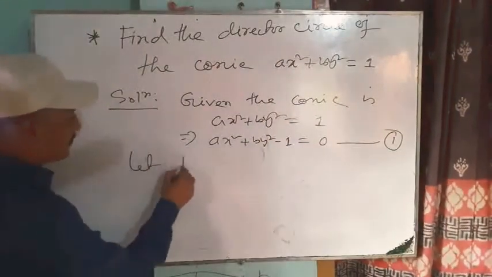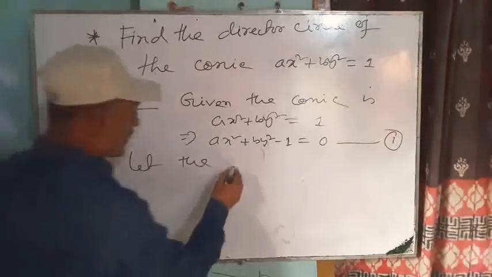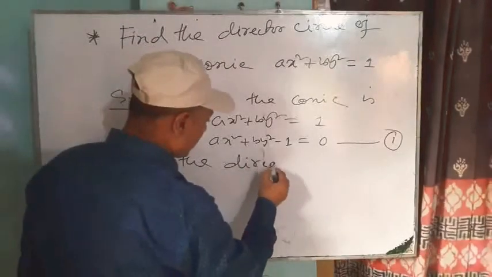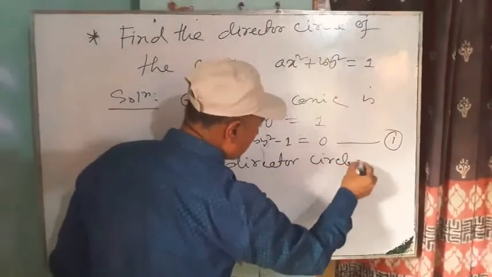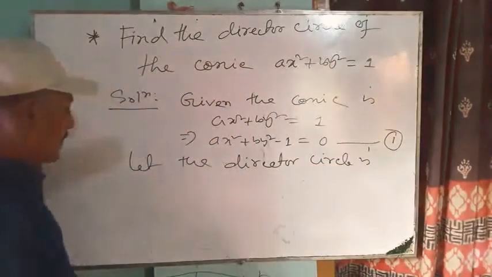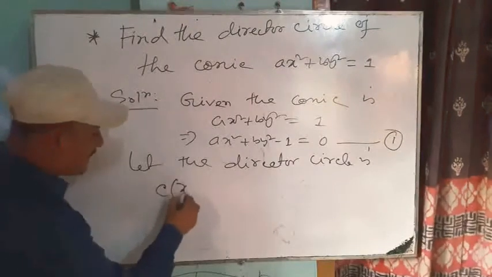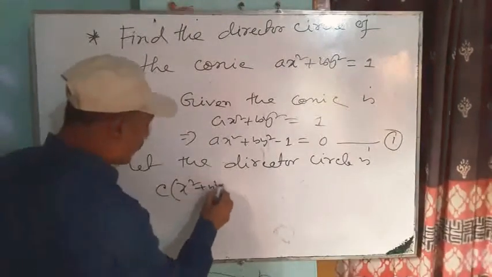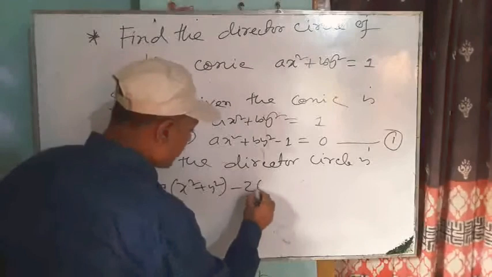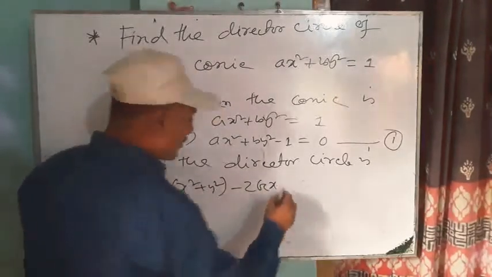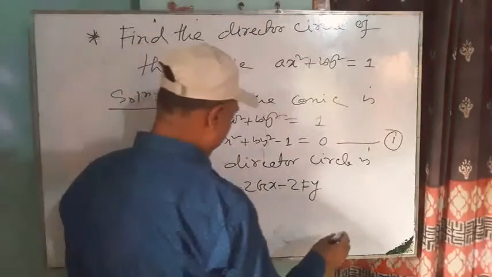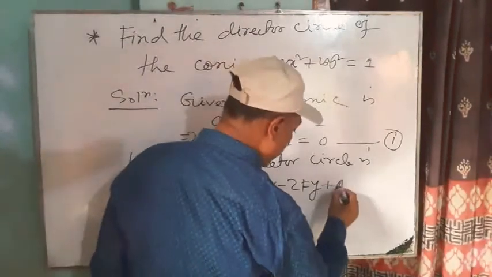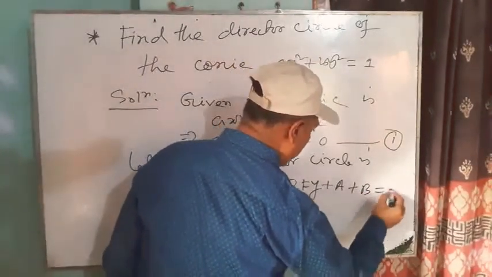Let the director circle be C(x square plus y square) minus 2Gx minus 2Fy plus A plus B equal to 0. Number 2.